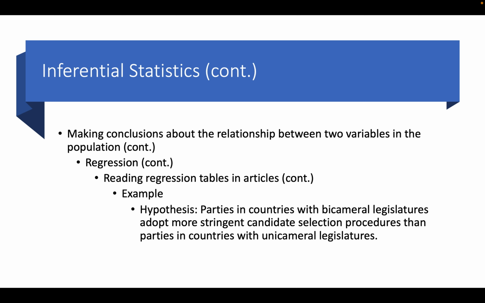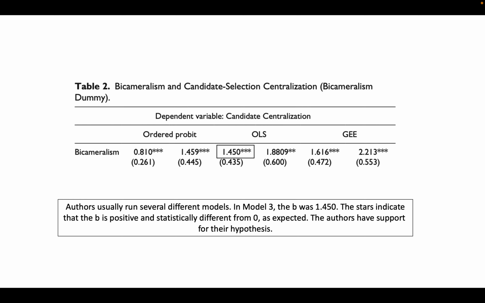So for example, parties in countries with bicameral legislatures, or two-house legislatures, adopt more stringent candidate selection procedures than parties in countries with unicameral legislatures, or just one house. So we can test that hypothesis. And in fact, it was done in a recent article.